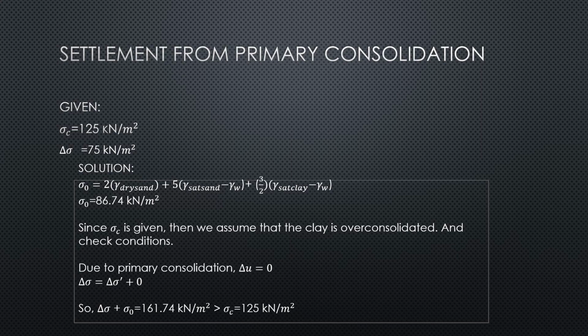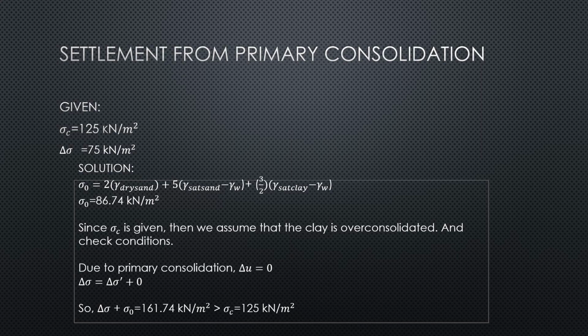But since the pre-consolidation stress is given, it is safe to assume that it is over-consolidated. But we must first check which condition we are going to use. In order to check the condition, we must first solve for the average effective stress.